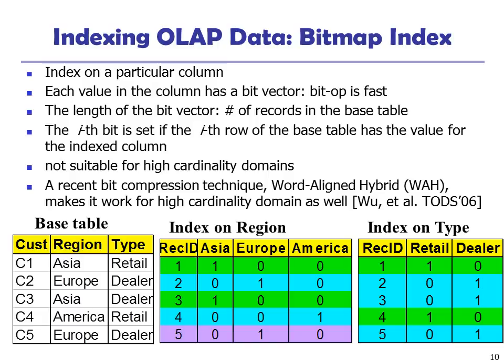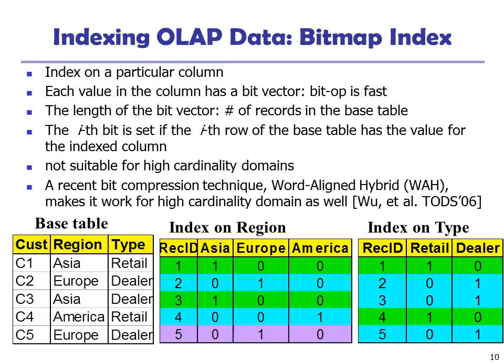So for the first record C1, the region is Asia. So the Asia column is going to represent 1, Europe and America are going to represent 0. Let's pick C4. For C4, the region says it's America. So under America, it should be a 1, and under Asia and Europe, it should be a 0.